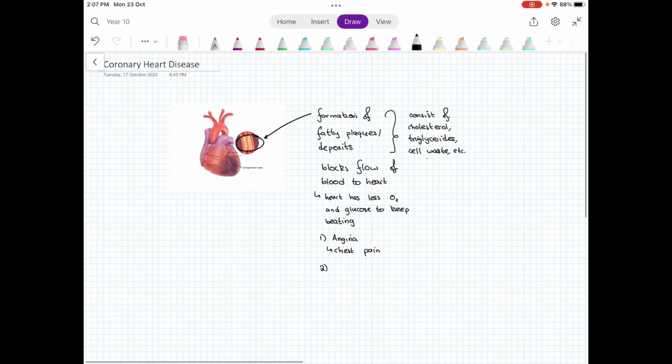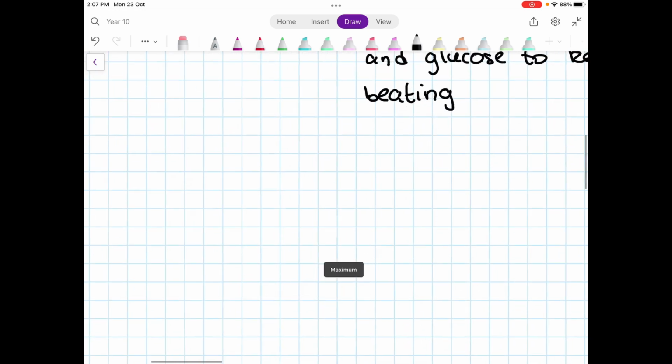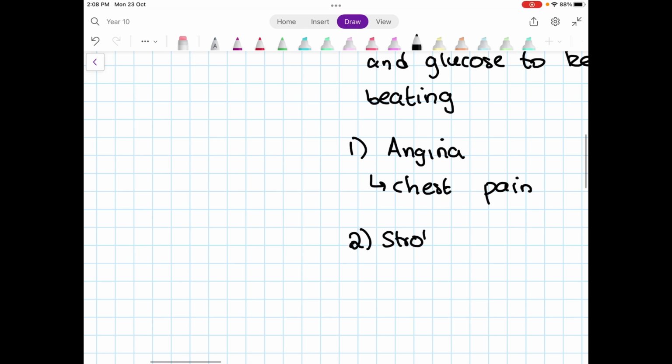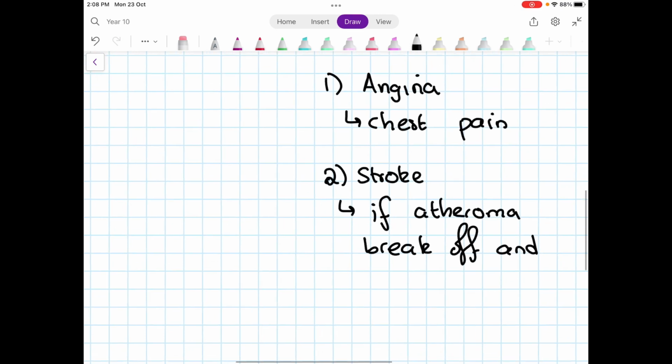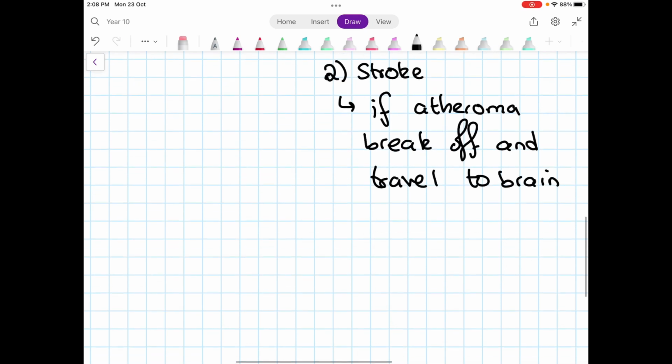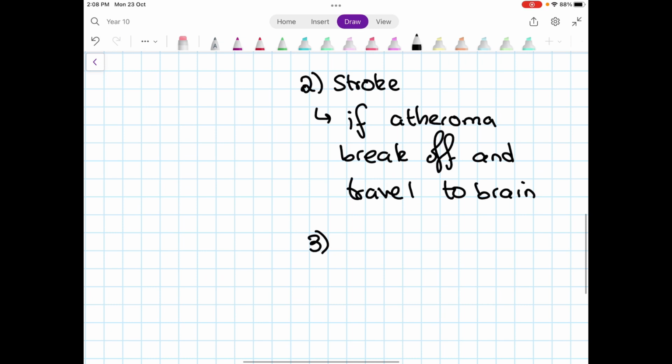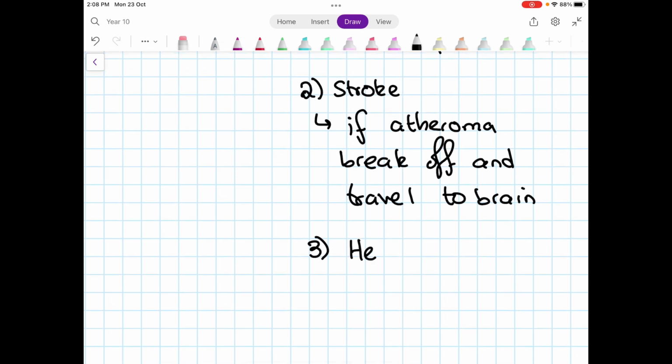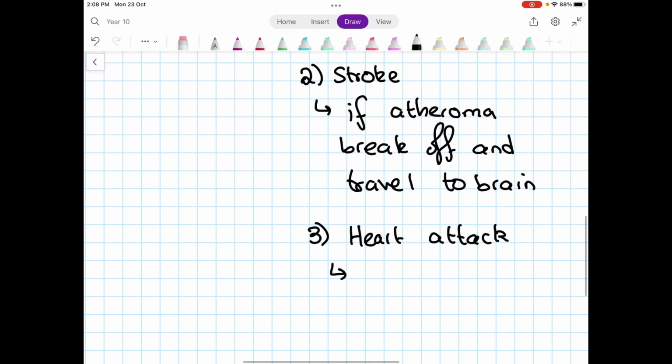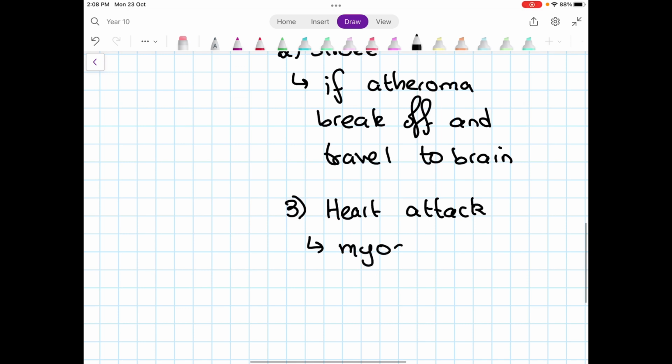If these atheroma break off and they reach the brain, they can result in a stroke. And they can also result in cardiac arrest or a heart attack, which is scientifically known as a myocardial infarction, or MI.